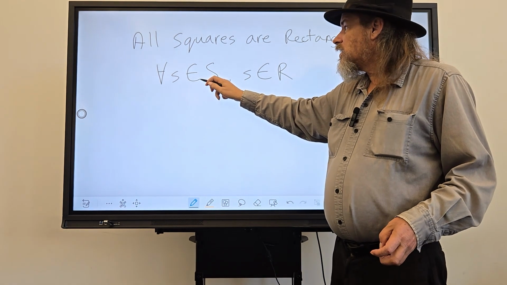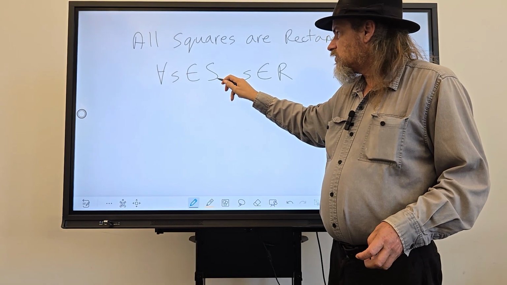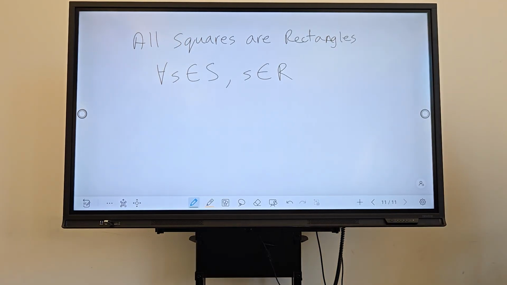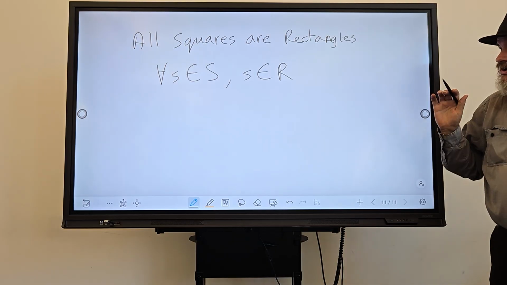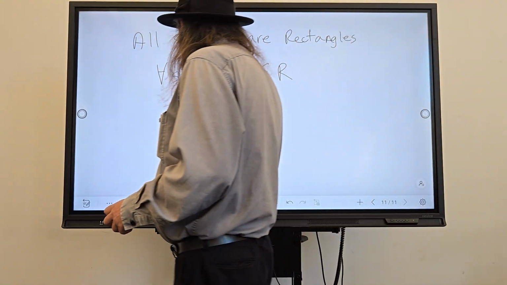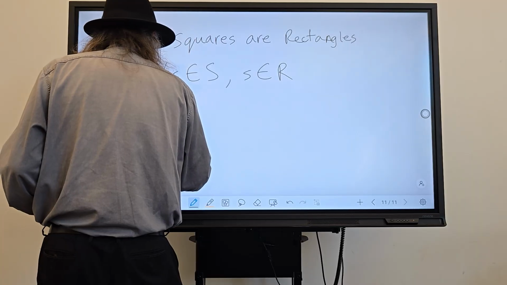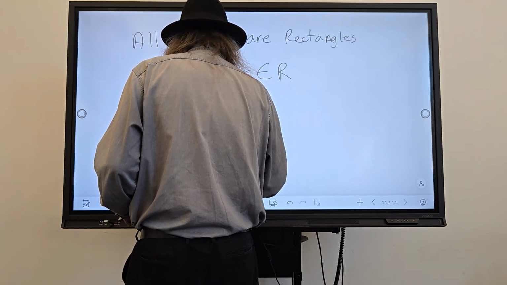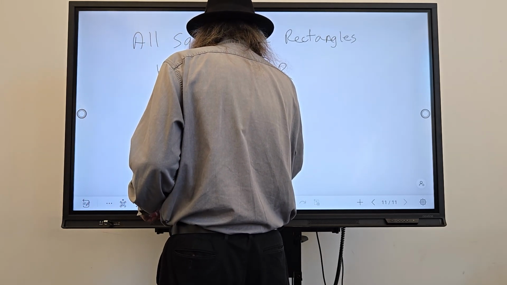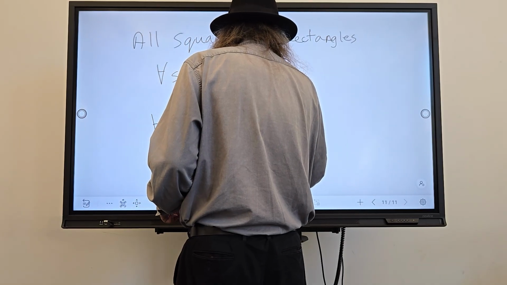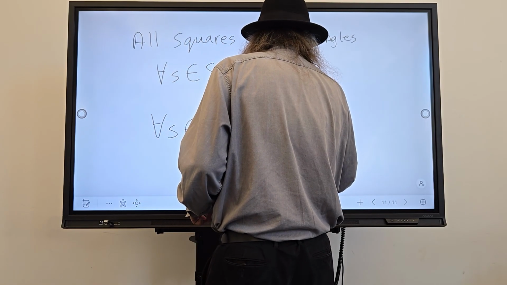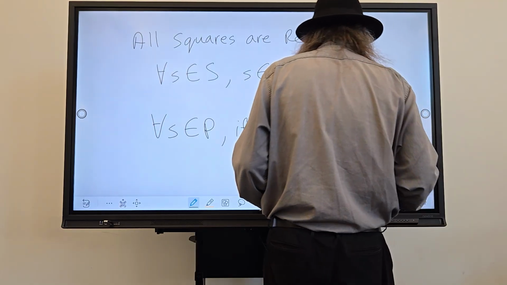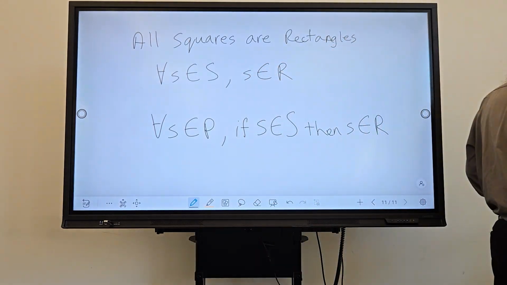For all squares, S is a rectangle. So the universal conditional form of that: for all S an element of polygons, if S is an element of squares, then S is an element of the set of rectangles.